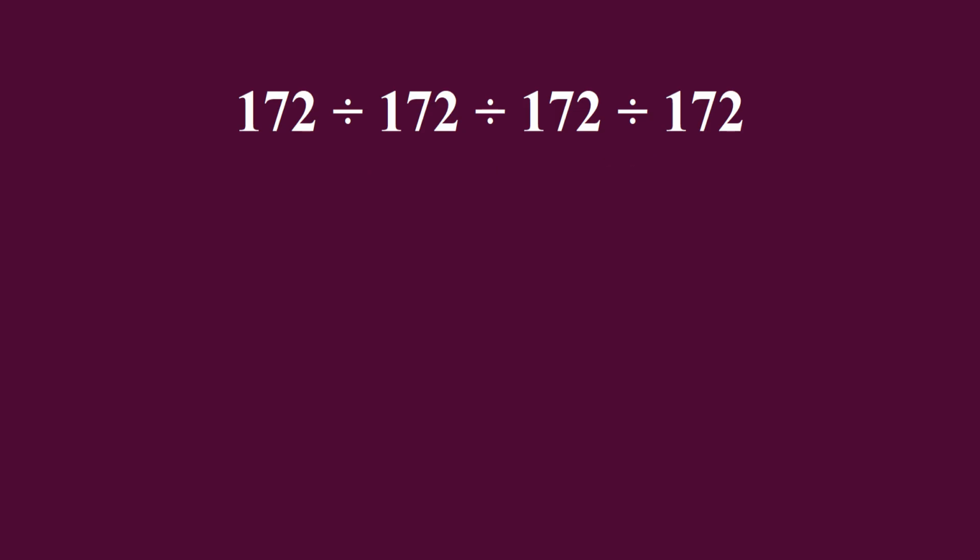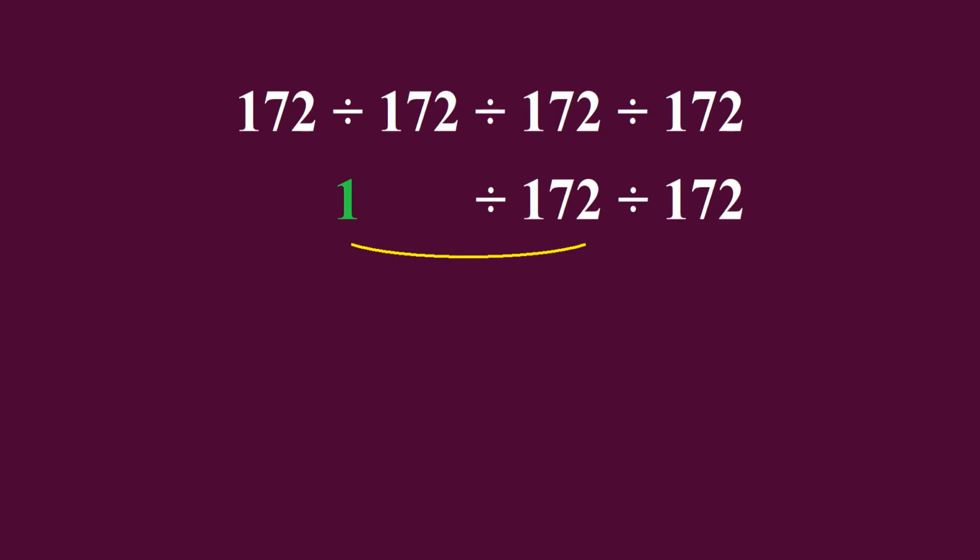So we have first this division, 172 divided by 172 equals 1. So we have 1 divided by 172 divided by 172, and we can write this part as 1 over 172 divided by 172.